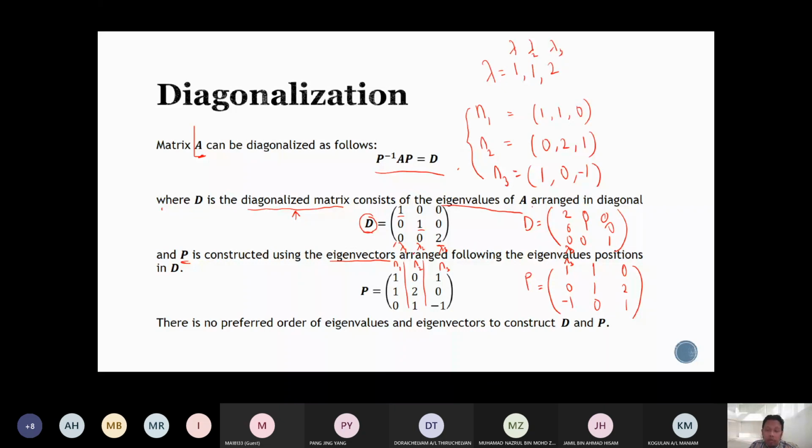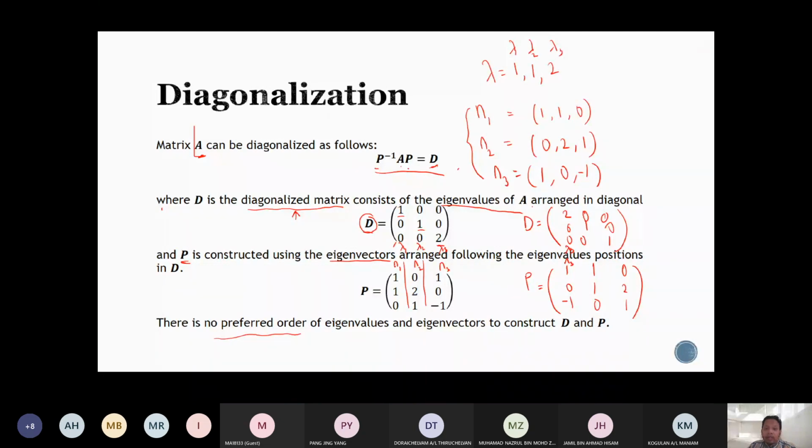Okay, then if you use a calculator, P inverse times A times P, you will get D. There is no preferred order as long as the arrangement is consistent.